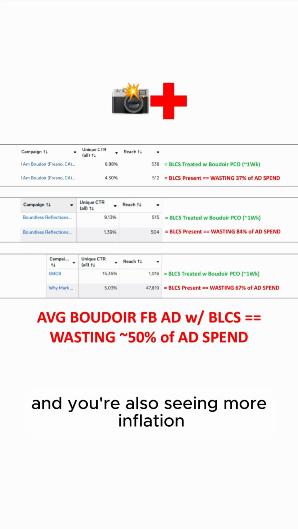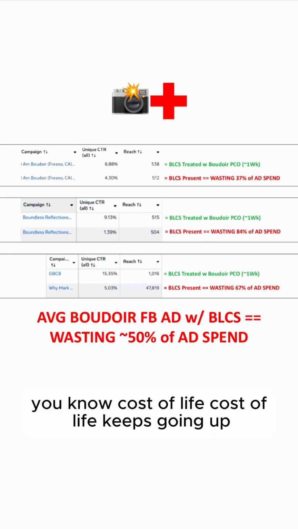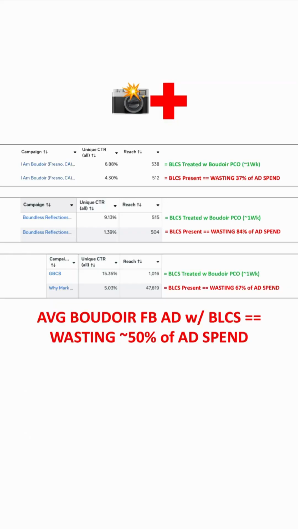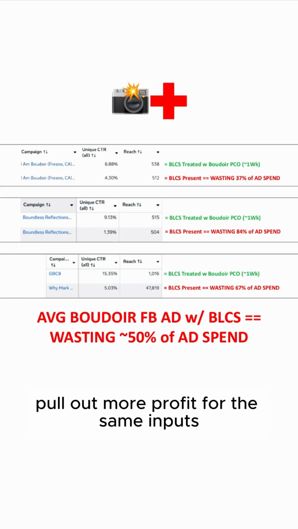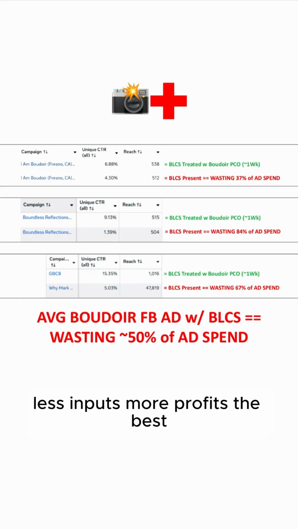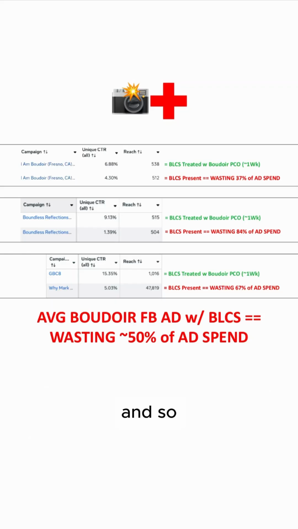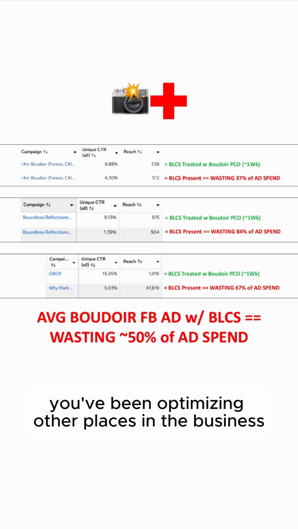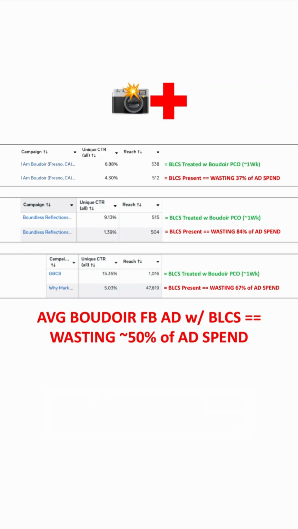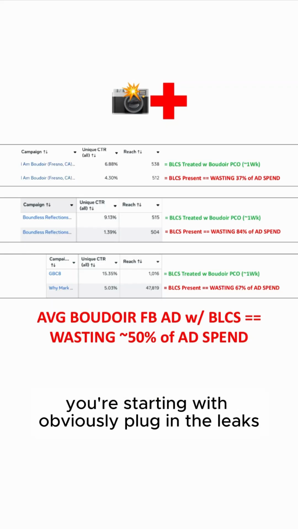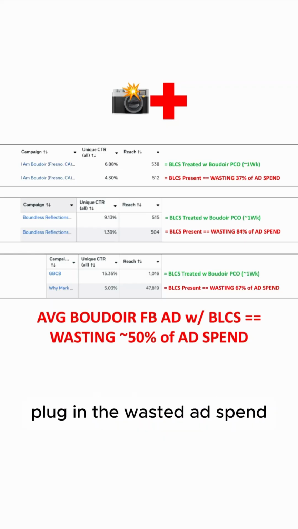And you're also seeing more inflation, cost of life keeps going up. And you've already been taking action to optimize other parts of your business, pull out more profit for the same inputs, or even better, less inputs, more profits, the best. And so you've been optimizing other places in the business, and now you decide you're ready to optimize the Facebook ad part of your boudoir photography business. Pull some more profits out of here. You're starting with, obviously, plugging the leaks, the wasted ad spend.